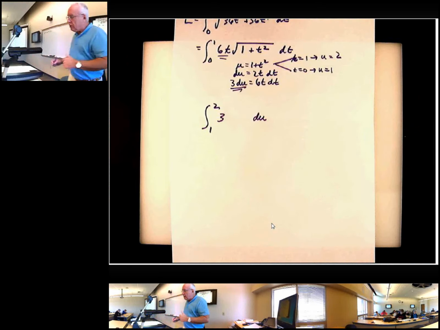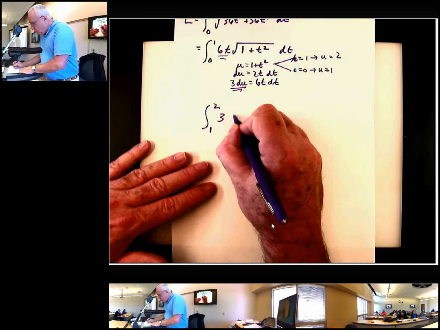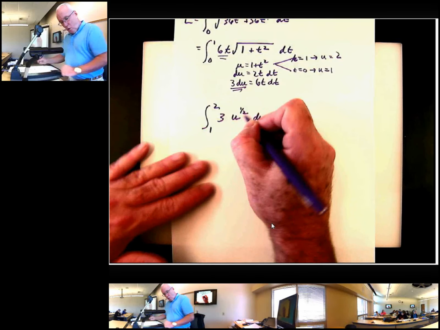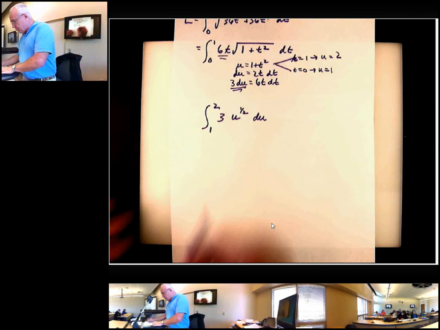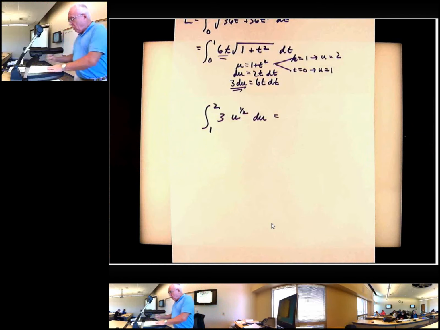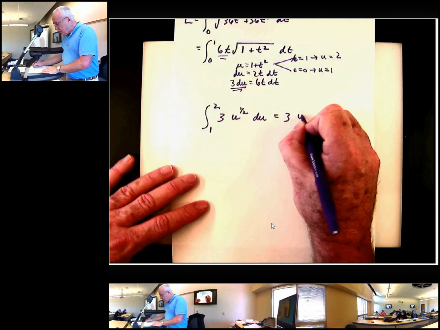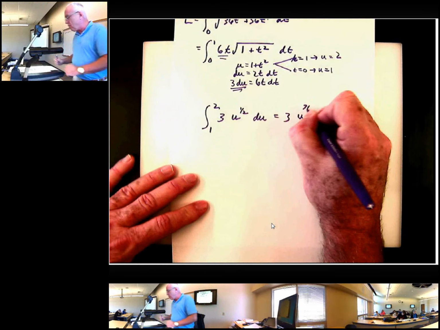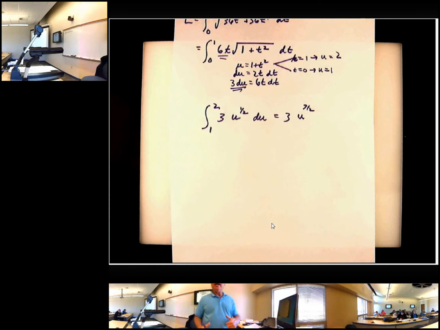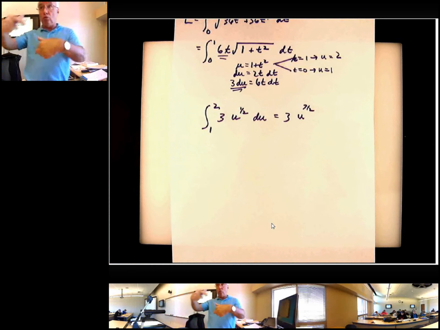And then the radical gets replaced with the square root of u, or I could write it as u to the 1/2 power. And now this is an easy antiderivative to get: 3 times u to the 3/2 power. Now we divide by 3/2, but that's the same as multiplying by the reciprocal, 2 over 3.